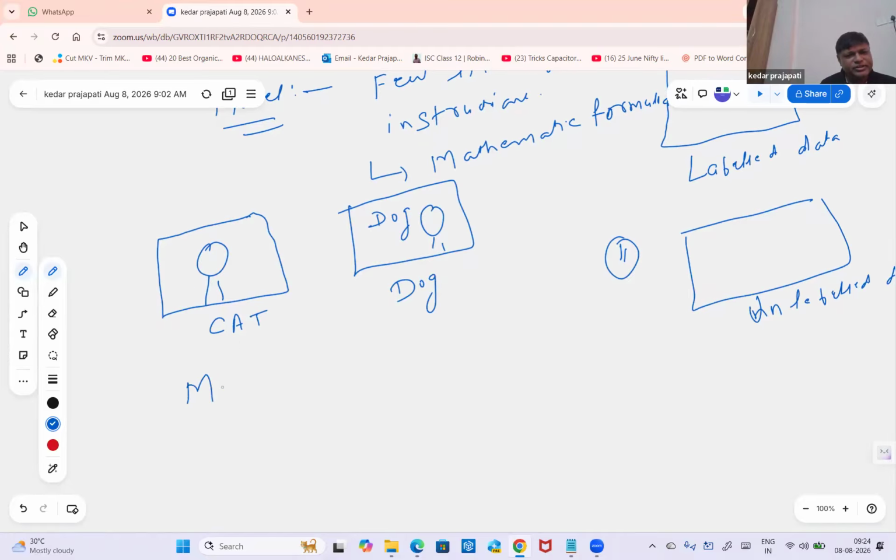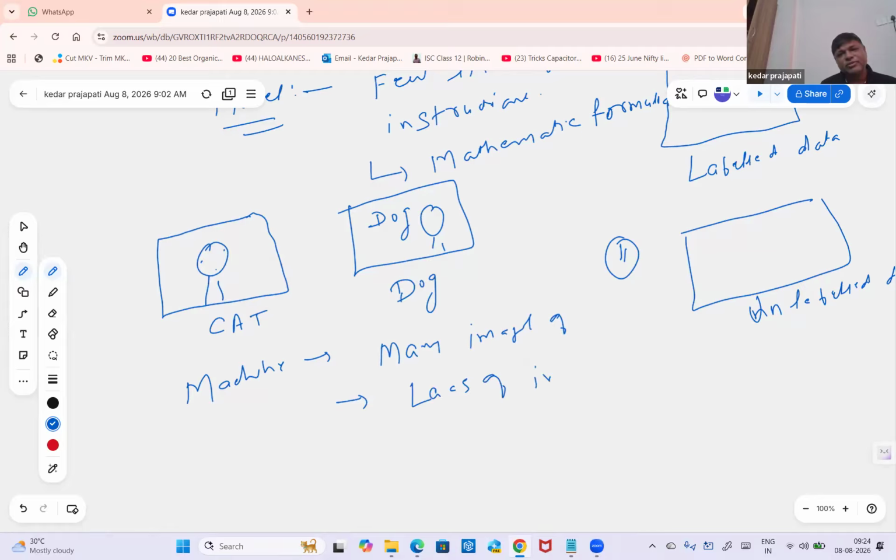We have to show the machine multiple images of cat and dog. Give image one and say this is a cat. Give image two, say this is a dog. Then image three, show another image of cat and dog. Likewise, maybe lakhs of images.